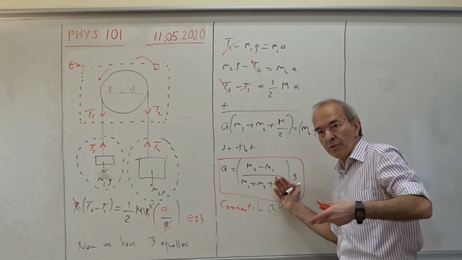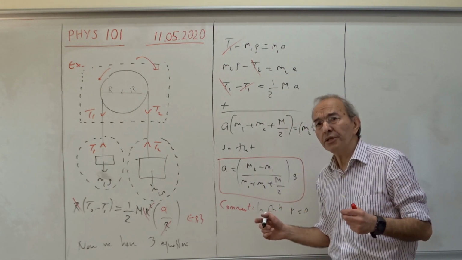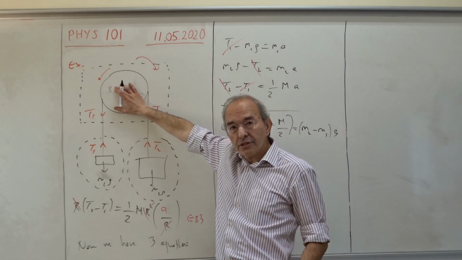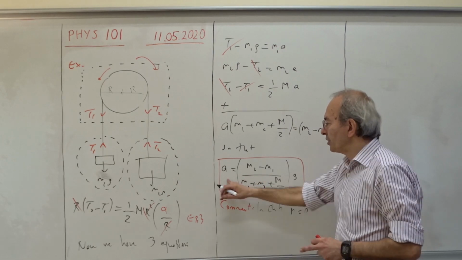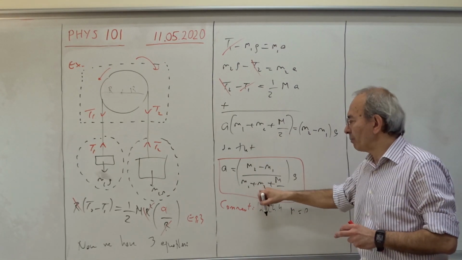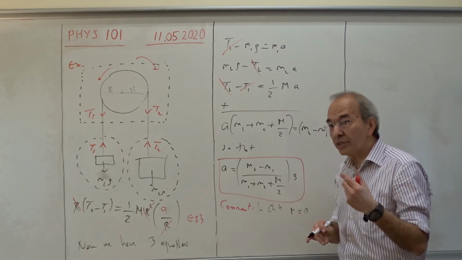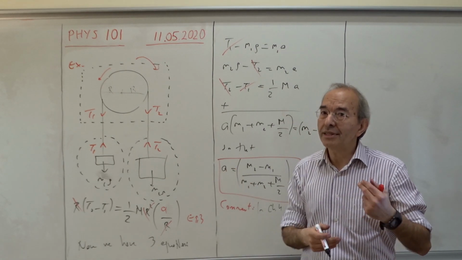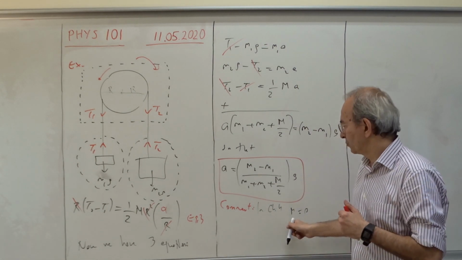Remember, or look at the previous notes, and you will see that immediately. In such a case where the mass of this disk was unimportant, the acceleration for the whole system would be M2 minus M1 over M1 plus M2 times G. And here, the additional thing is this. If you compare the accelerations, the acceleration in this system is a bit less than the previous one. So this is the acceleration.